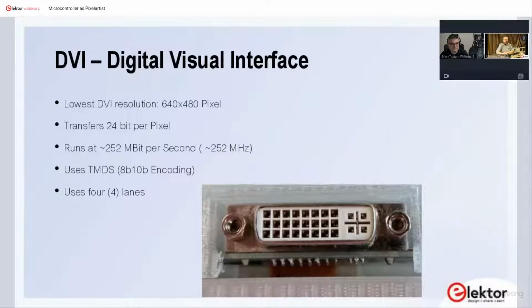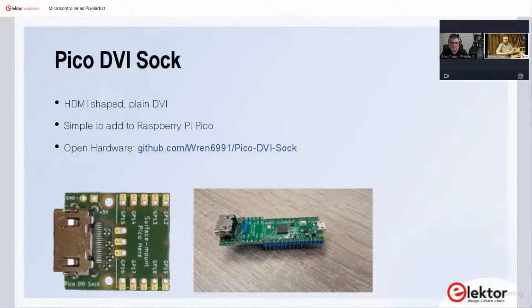And yeah, it uses also a transition minimized signal encoding, which is not that easy to generate. But if you overclock your Raspberry Pi to 252 megahertz and use the PIOs with some trickery, you will be able to output a digital video stream with just that 1 bit output that you need per clock cycle of this chip. And that works, and that's how the DVI SoC will do its work.